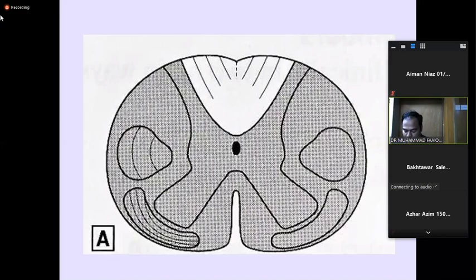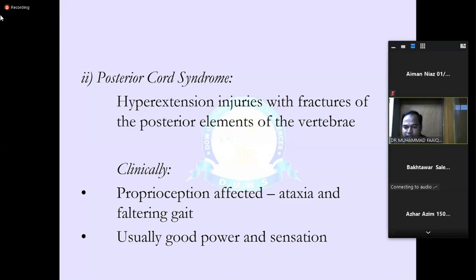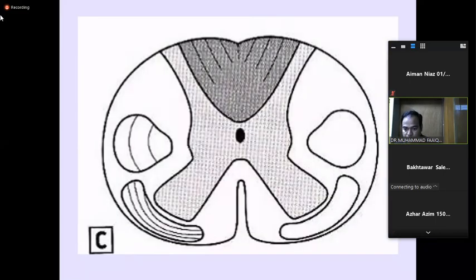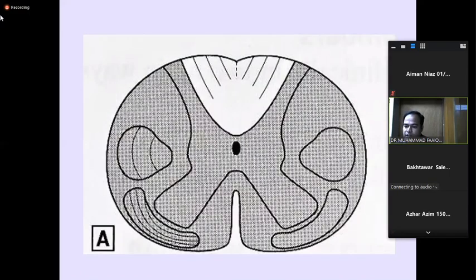Number one problem, motor issue, paraplegia or quadriplegia. Number two, another important tract is the spinothalamic tract. Because of the lesion of the spinothalamic tract, the patient may have a deficit as far as pain and temperature are concerned.